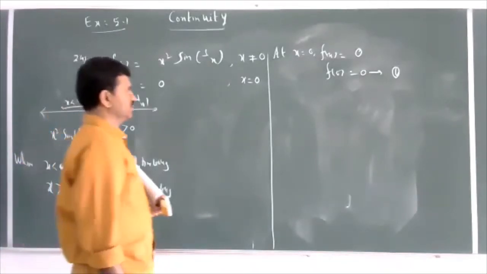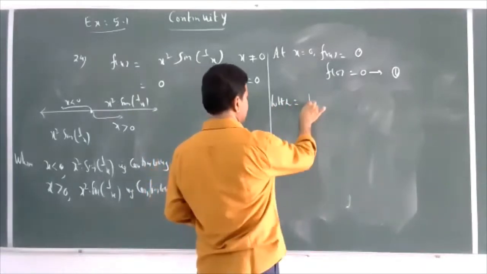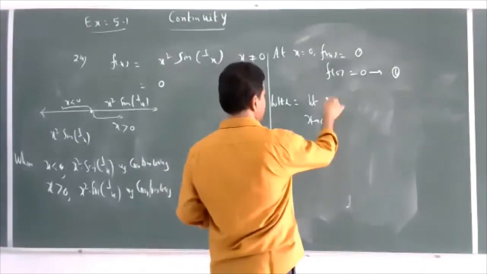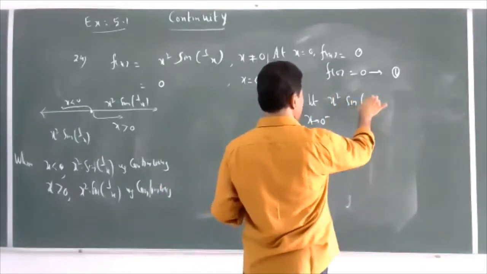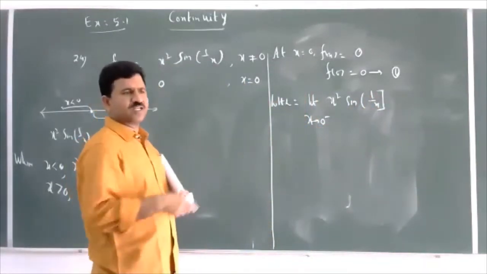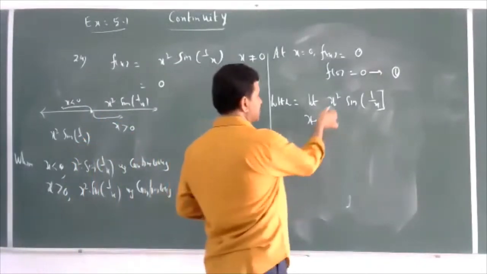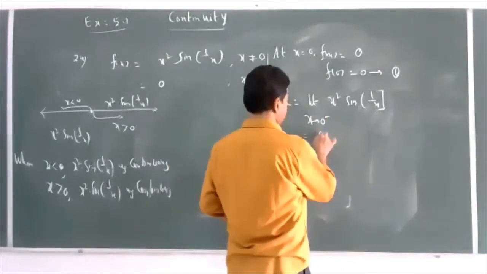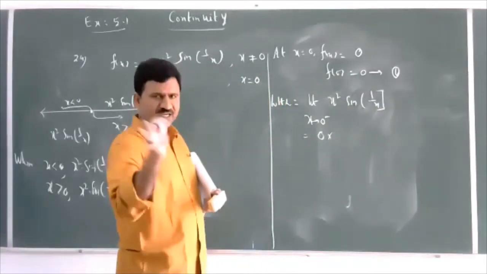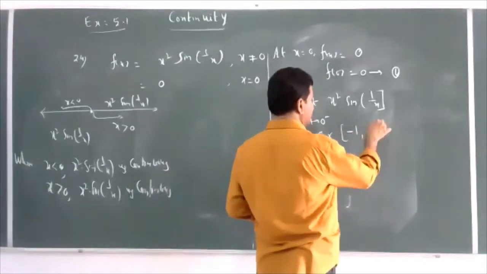Second condition, at x equal to 0, find the left limit. LHL is equal to limit of x tends to 0 minus of x square into sine of 1 by x. Many of you will make a mistake evaluating this limit. See how to evaluate it, simple logic. X square value is 0. What is the sine of 1 by x value? We don't know, but its value always lies in the closed interval -1 to +1.